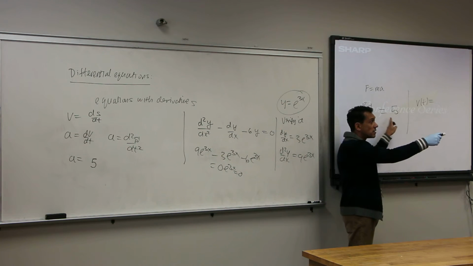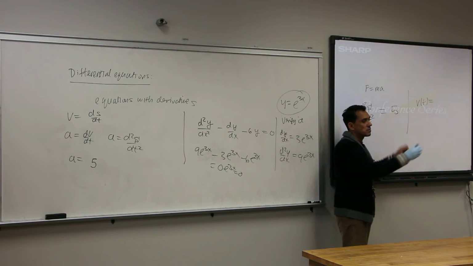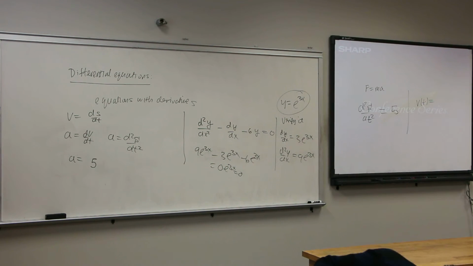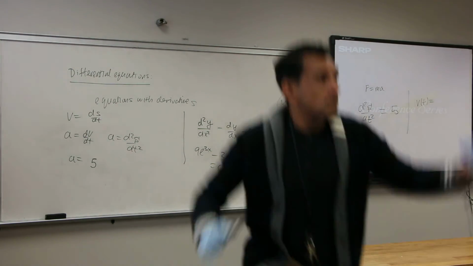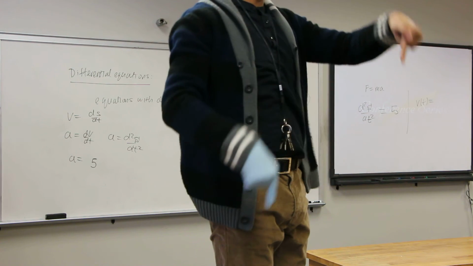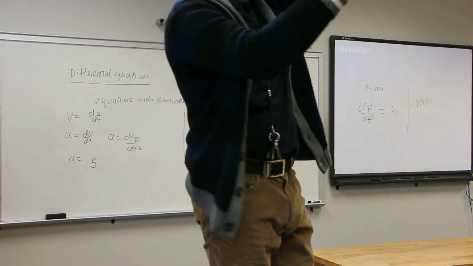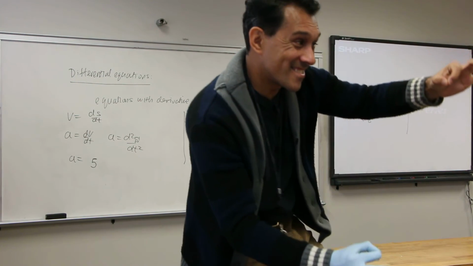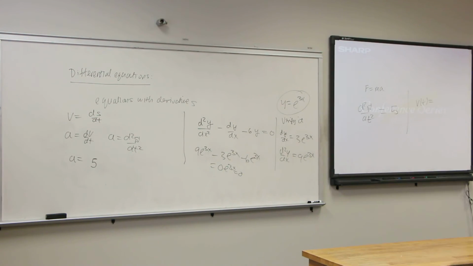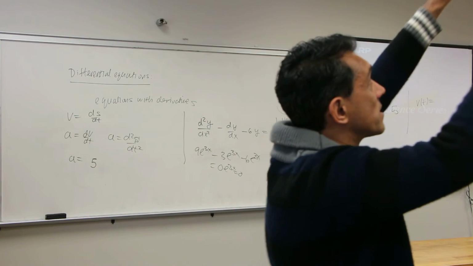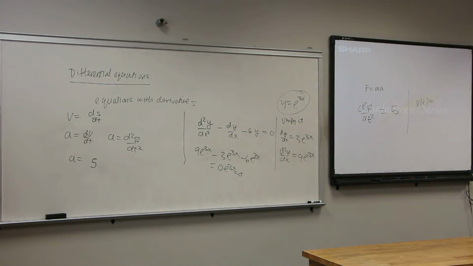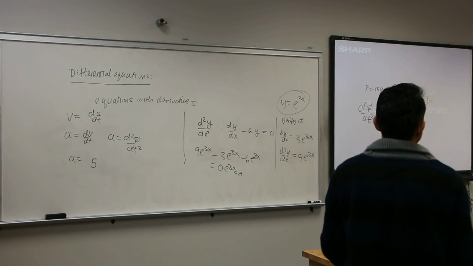Close but no cigar. Plus the constant. Oh, constant. They are both following the same law, but they will have different positions. Clear? They are both following the same law. They will have different positions.